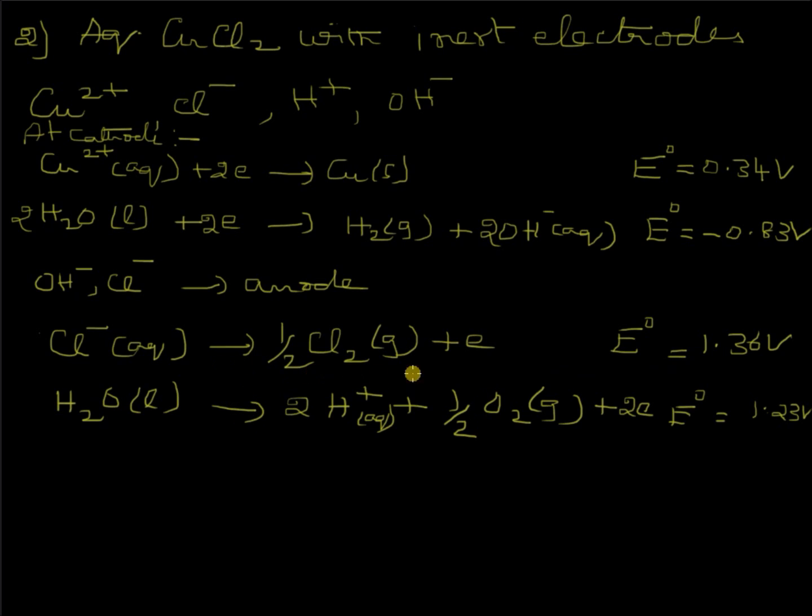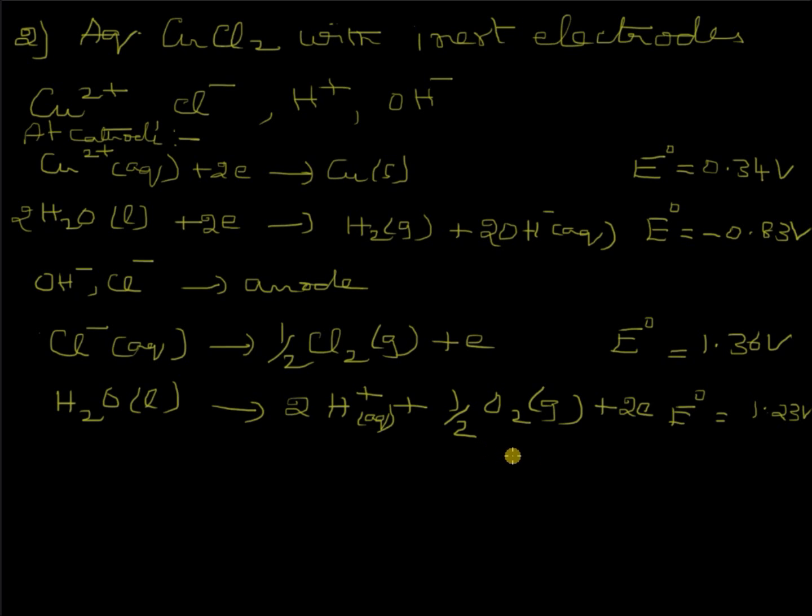Here the criterion that is applied is the one having lower reduction electrode potential. At cathode it is the one which has higher reduction electrode potential, and at anode the criterion is the one which has lower electrode potential would be discharged. When you look at the values of the two equations, you see that water has lower electrode potential and oxygen should be the product at the anode.